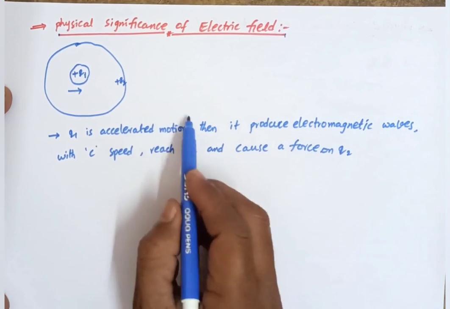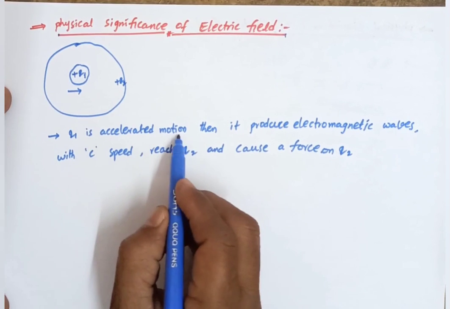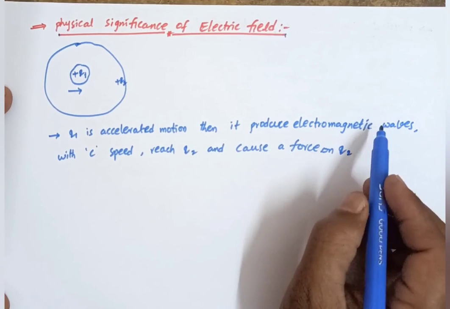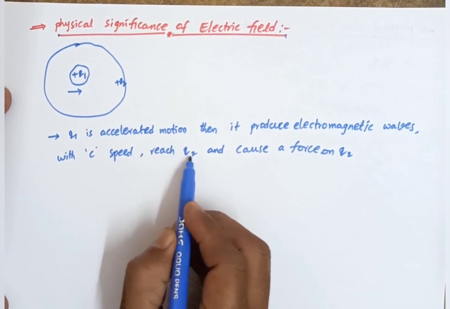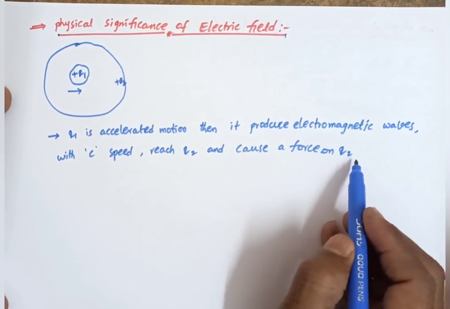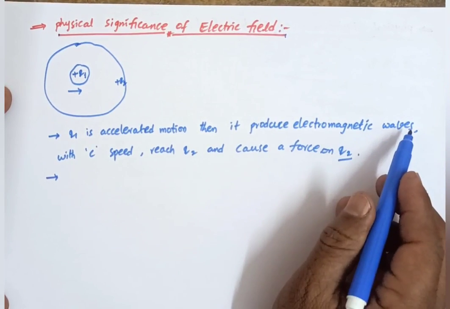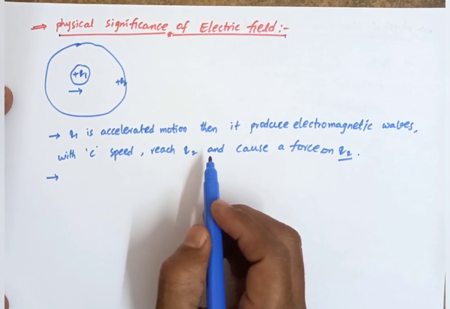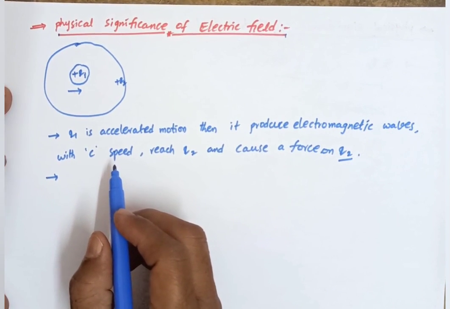So here Q1 is in accelerated motion. A source charge in accelerated motion produces electromagnetic waves. These electromagnetic waves travel with the speed of light in free space, reach Q2 and cause a force on Q2. These electromagnetic waves also carry energy.